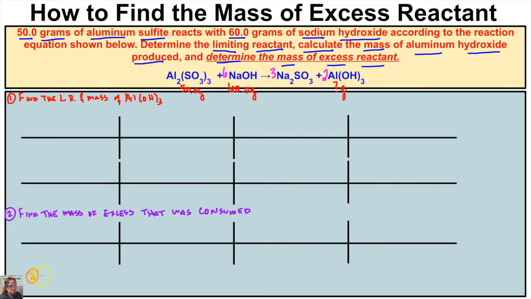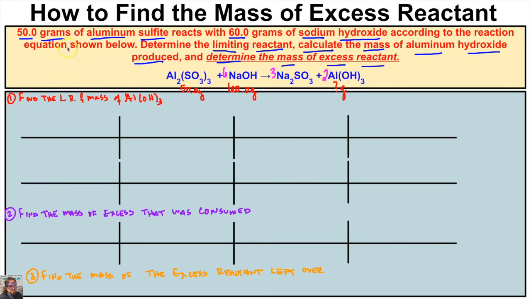So in the third and final step, we're going to find the mass of the excess reactant that is left over once the limiting reactant runs out during the chemical reaction. All right, so let's go ahead and start with this very first step.